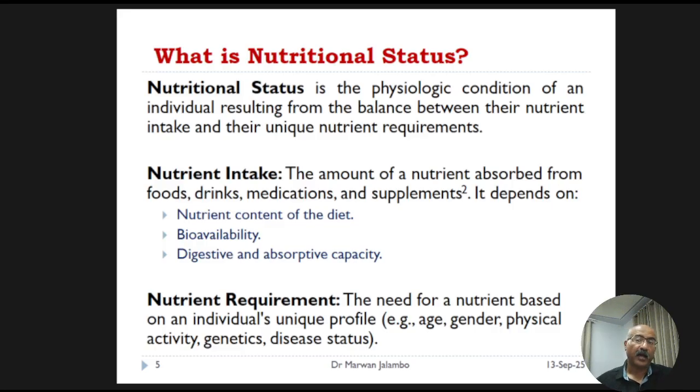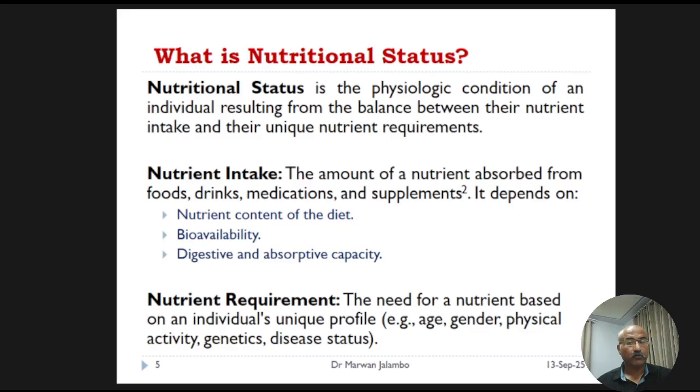On the other side of the equation, we have nutrient requirements. So nutrient intake on one side, and nutrient requirements on the other. This represents the body's actual need for a nutrient, and it's unique to every single person. We estimate these needs by looking at factors like age, gender, physical activity level and life cycle stage.